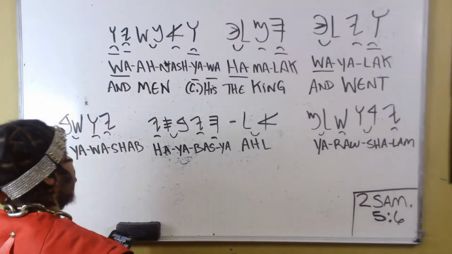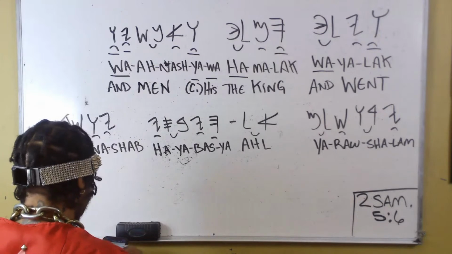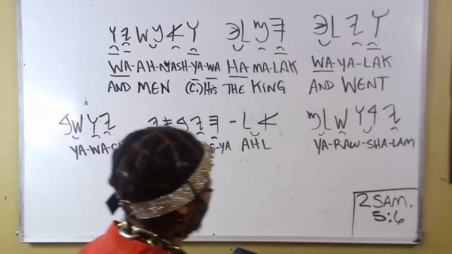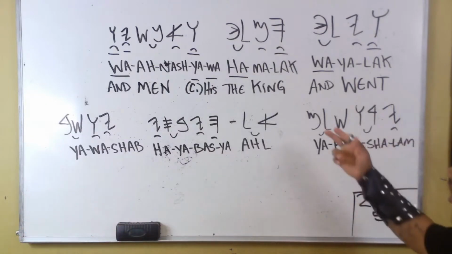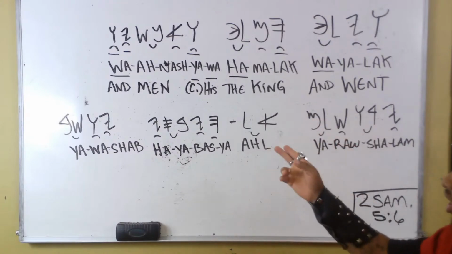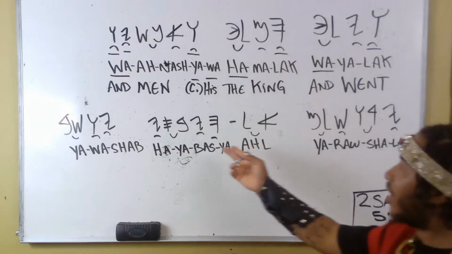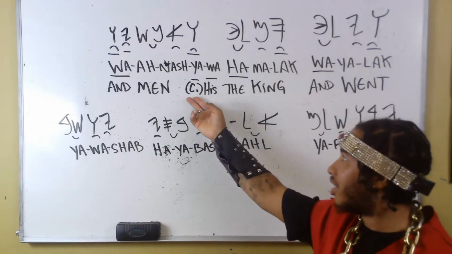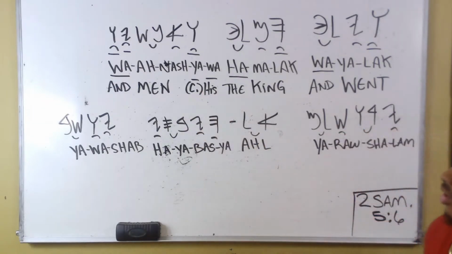Okay? So, Wayalak, and went. Hamalak, the king. Wa'anashua, and his men, or and men his. And this character Yah is a connector. You will learn that too as we go along. The character Yah is also used as a connector: and with his men.